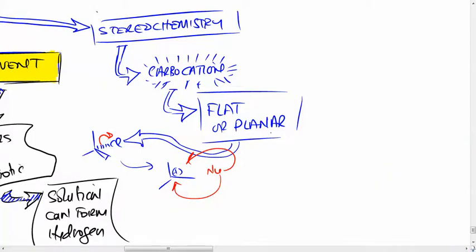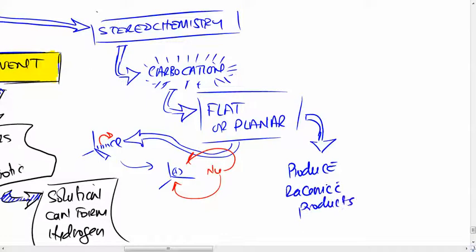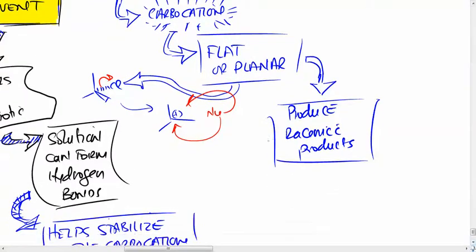We're going to produce a racemic product, meaning that we will generate both enantiomers.